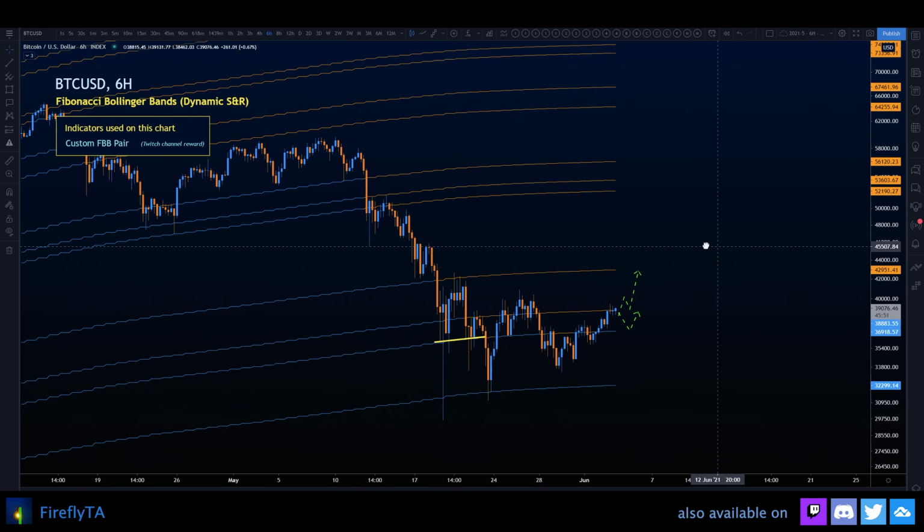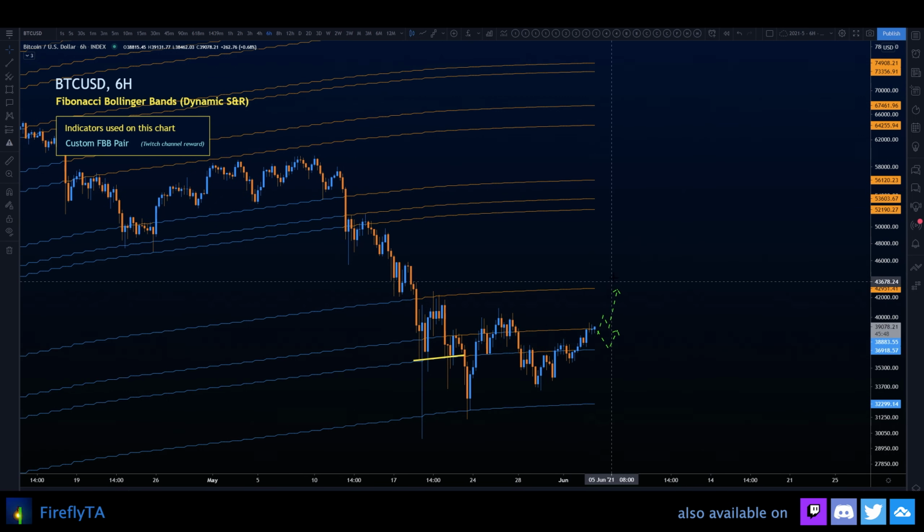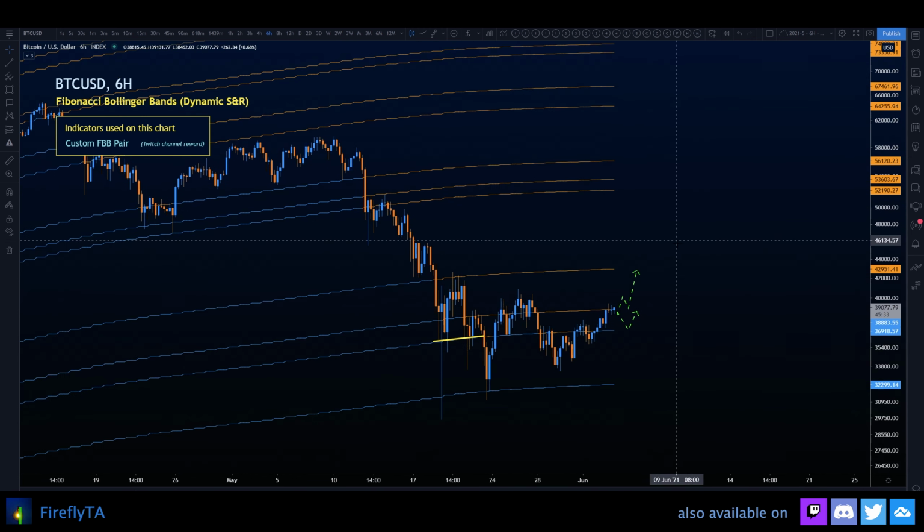However, we are still in this uptrend. And if bulls manage to push through into this range over here, for example, this big gap, these bands can maintain their uptrend and the market flow will still go upwards. This is a good sign for possible continuation in the short and midterm.